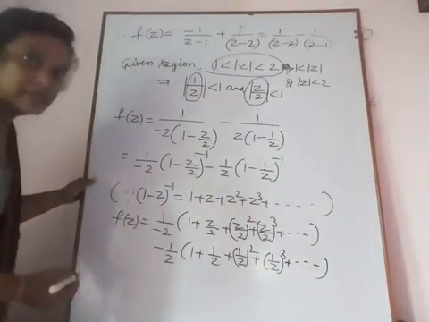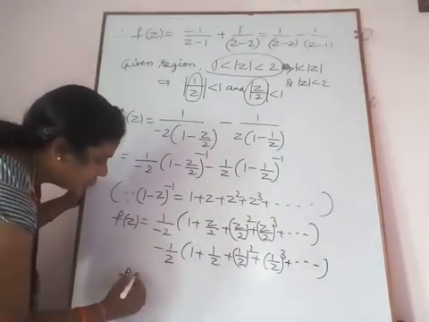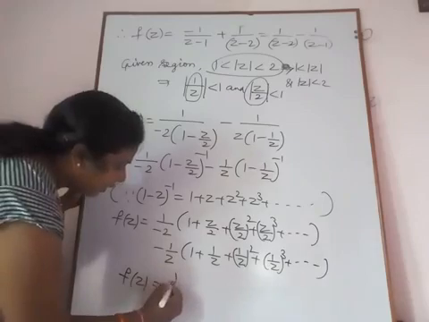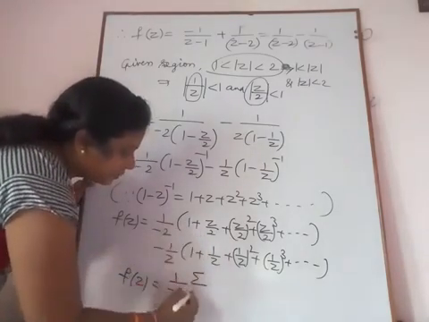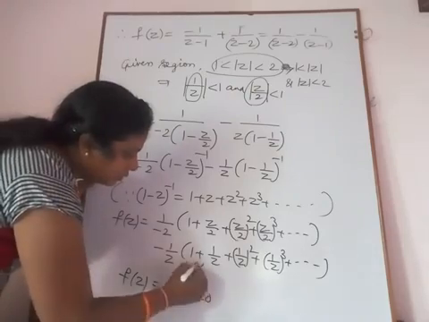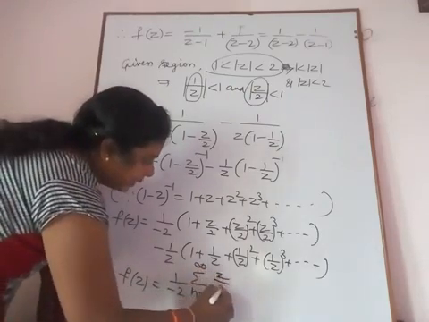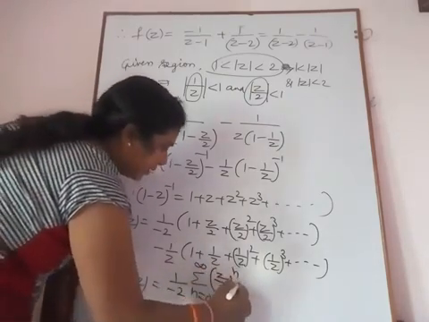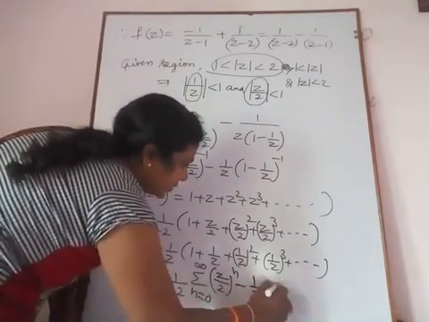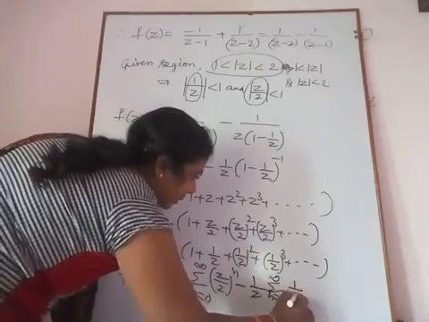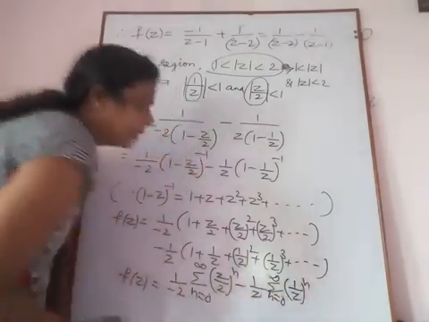Okay, it is nothing but f of z is equal to 1 by minus 2. This can be written in the simplest form, sigma n equal to 0 to infinity (z by 2) whole power n, minus 1 by z, sigma n equal to 0 to infinity (1 by z) whole power n.